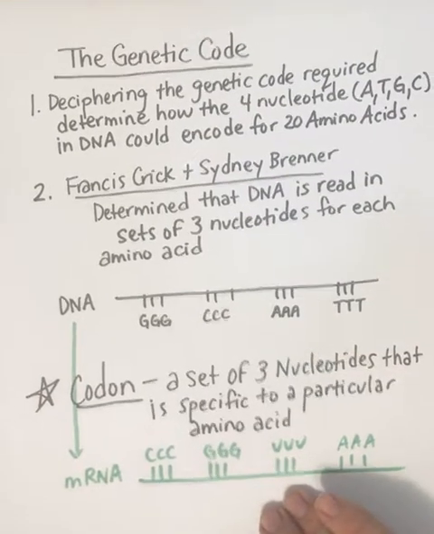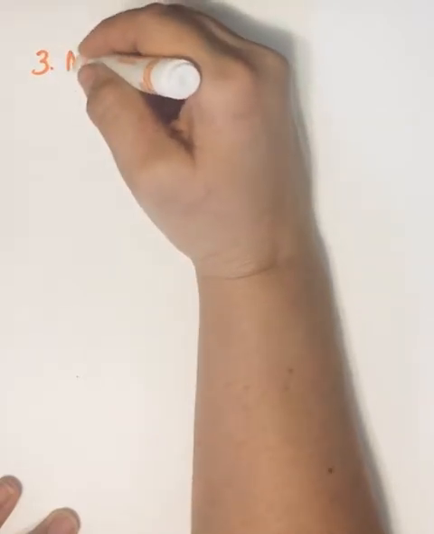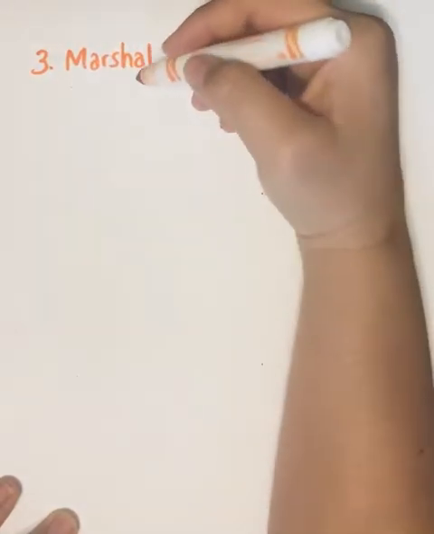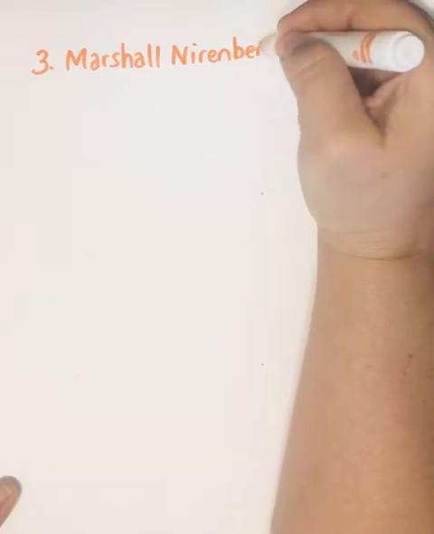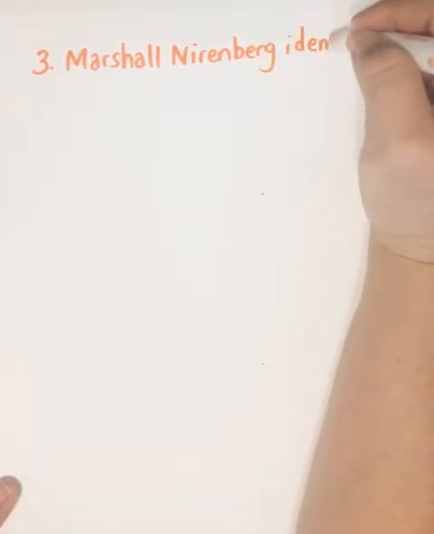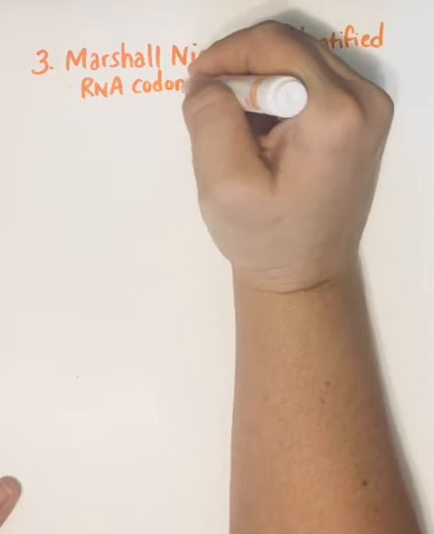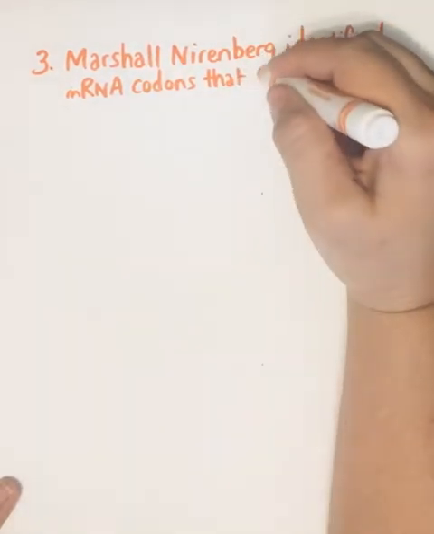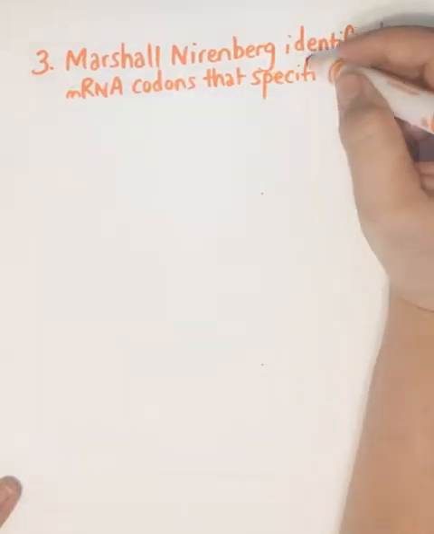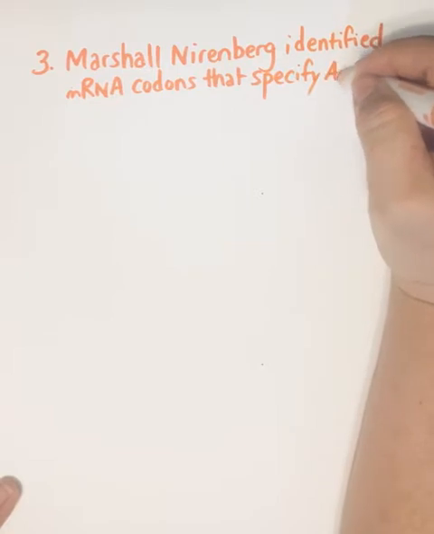So this is getting to the genetic code. A scientist by the name of Marshall Nierenberg identified mRNA codons that specify amino acids.